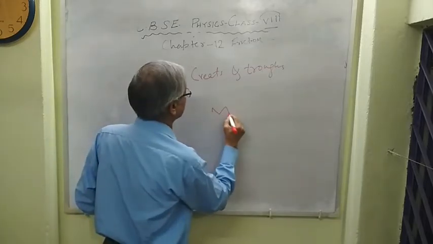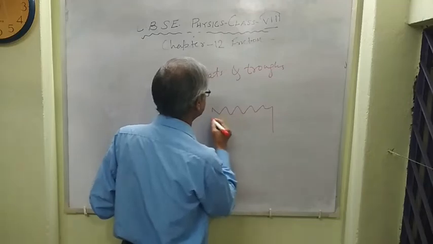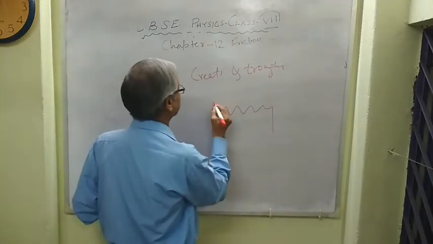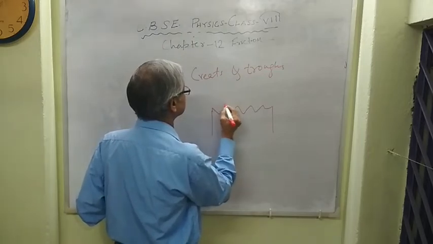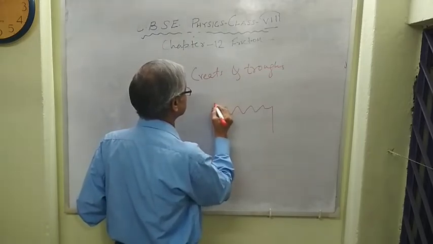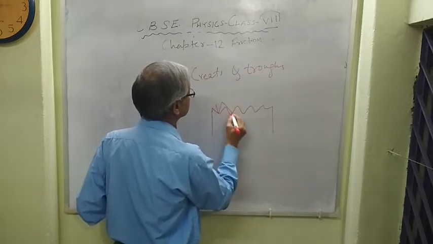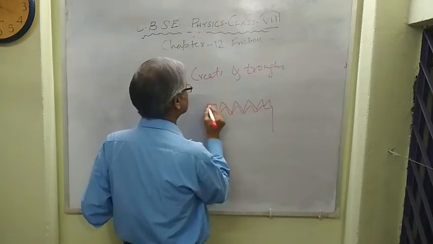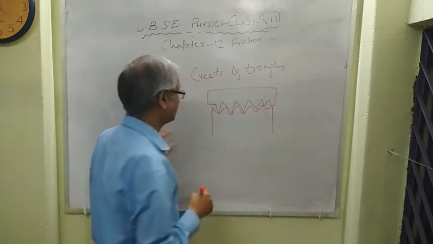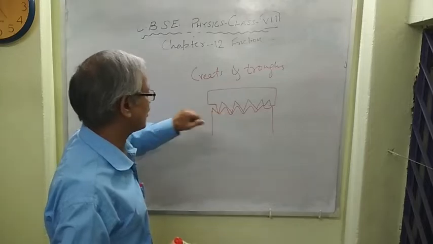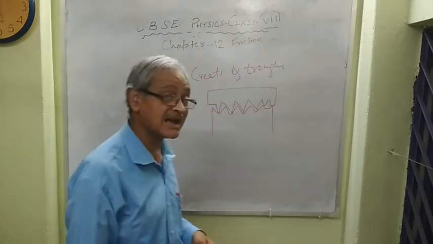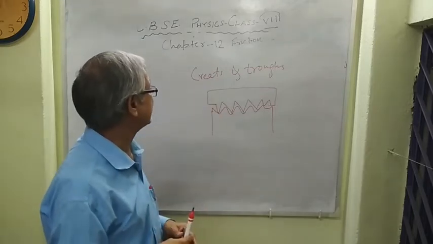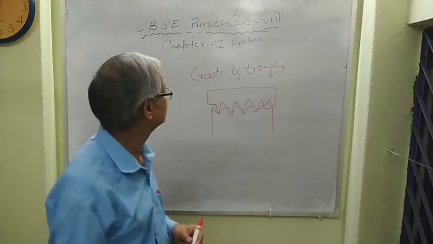Like this, this is a surface, we magnify it, and another surface. Thus, these two surfaces are actually interlocked.